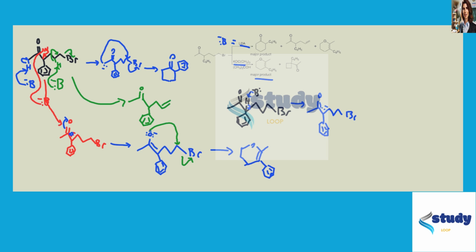And then this can undergo intramolecular cyclization to kick off the leaving group bromine to form your last product here, which is a cyclobutane, which is not actually that favorable, just like this.